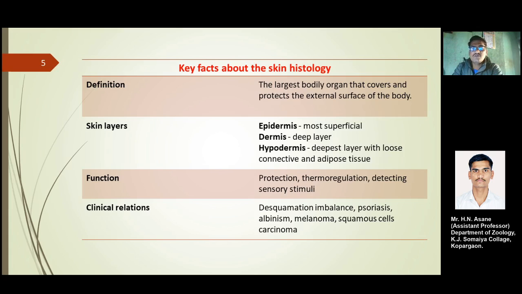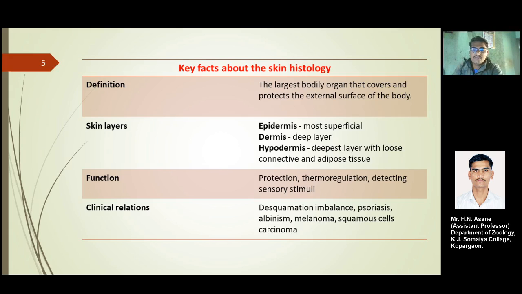The functions of the skin are protection, thermoregulation, and detecting sensory stimuli, that is the sense of sensations. The clinical relations of the skin to our body include desquamation imbalance. What does desquamation imbalance mean? The direct contact of the inner body mass with the outermost environment.